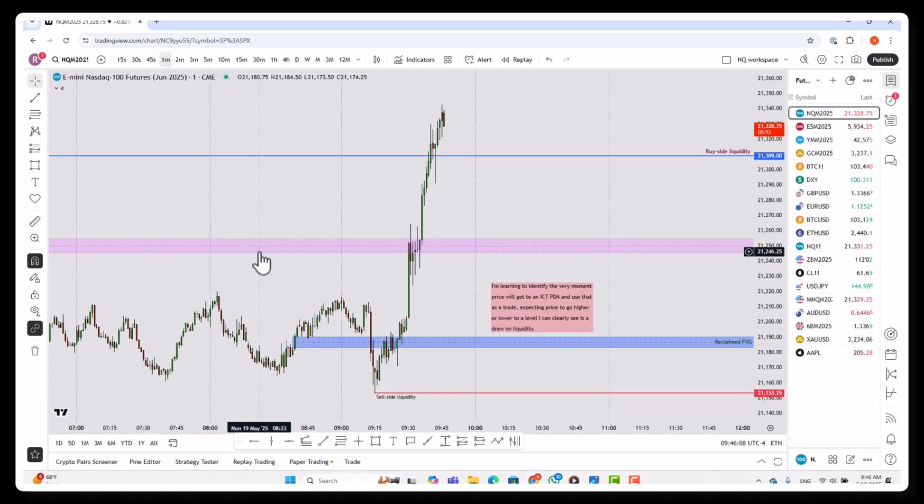We wait for liquidity pools to get engineered, and we wait for PD arrays to form. Then we take trades, and then we wait again for price to deliver to the liquidity pools. So it's quite a lot of waiting. So you have to be patient. Patience.